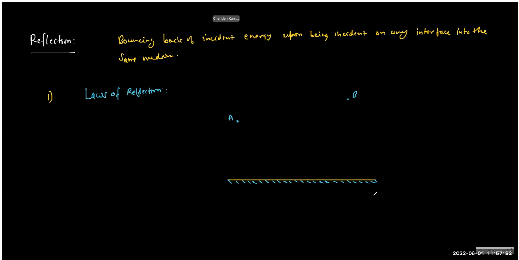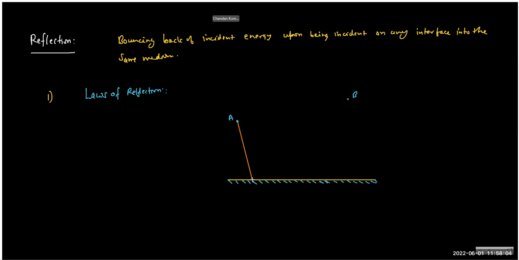Let's say we have A and B as two points, and light wants to go from A to B. So there are two possibilities. It can go directly. If it goes directly, then it will take the least time for sure. But we are interested in going through reflection.